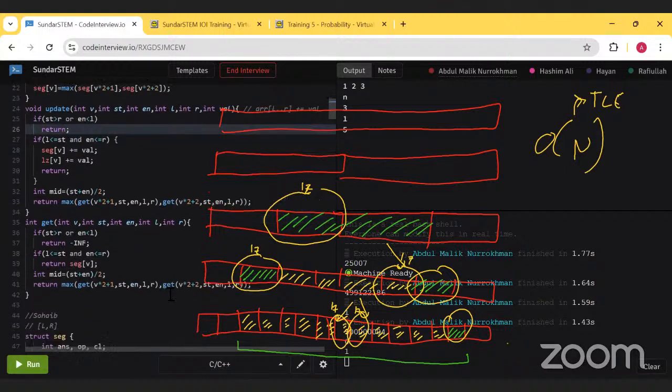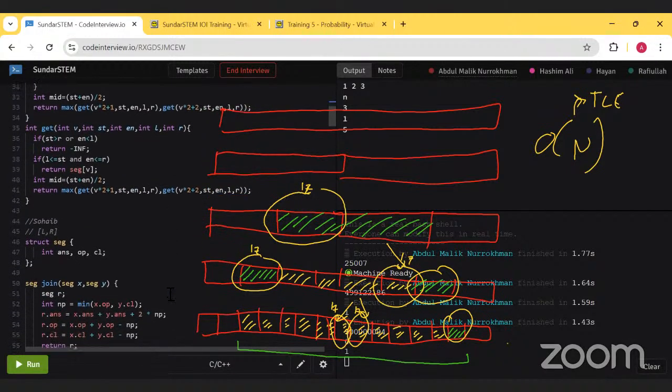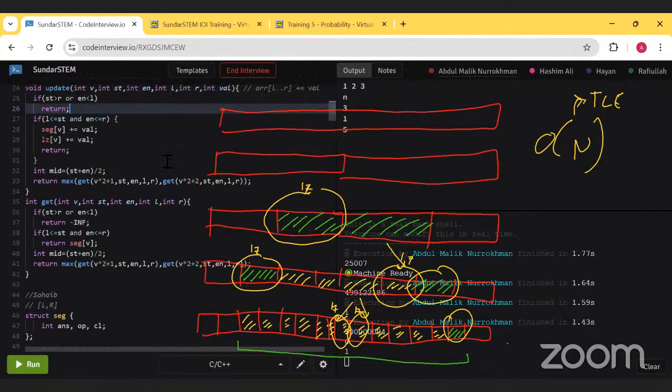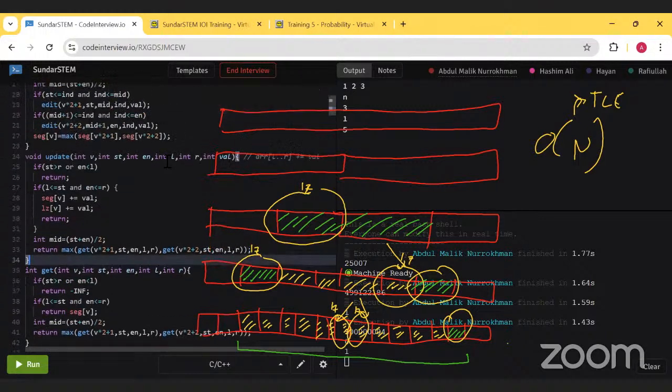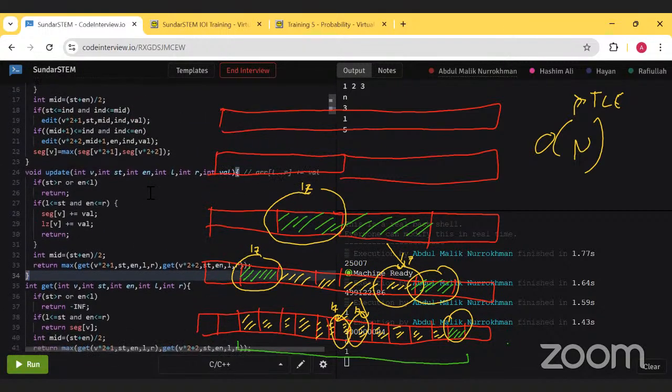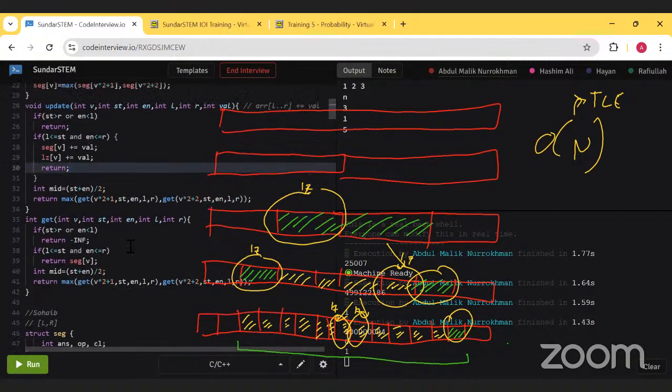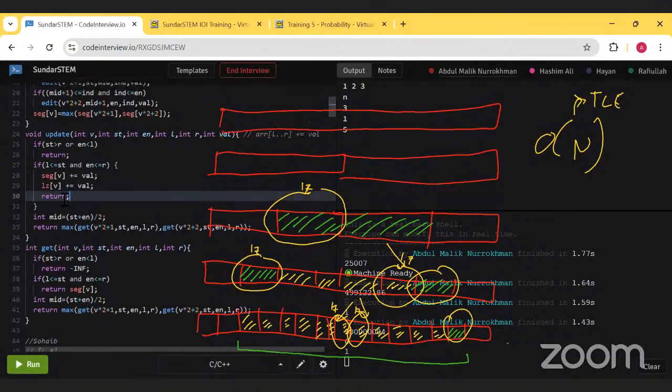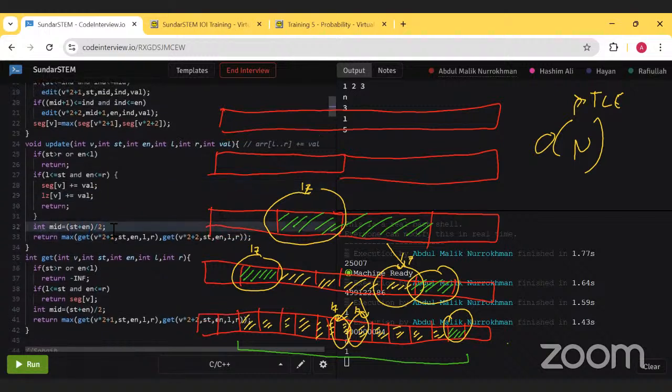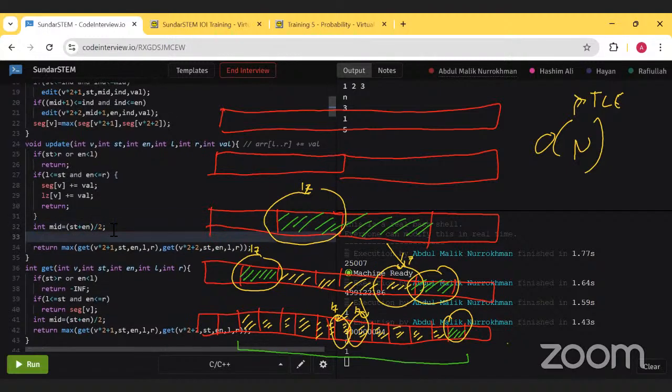So let me show you the implementation first before I explain the complexity and so on. Okay, but if you have a question, you can ask from now while I implement this. So we just put lazy here, and don't forget, if we want to access the child, then we have to push it to the child.